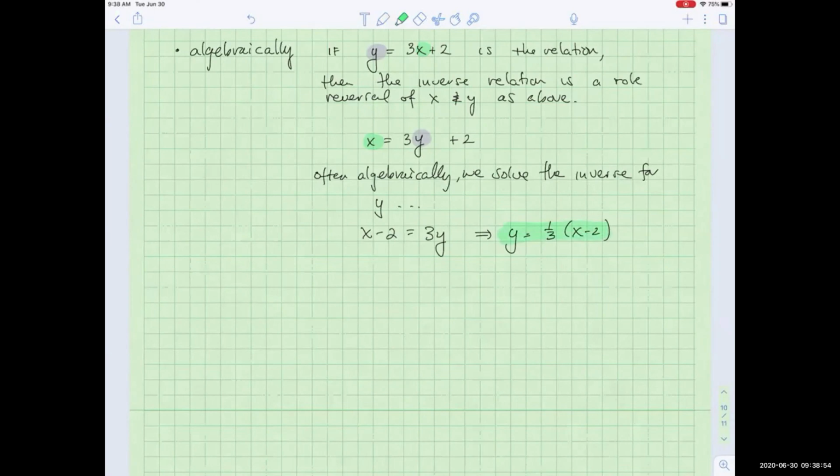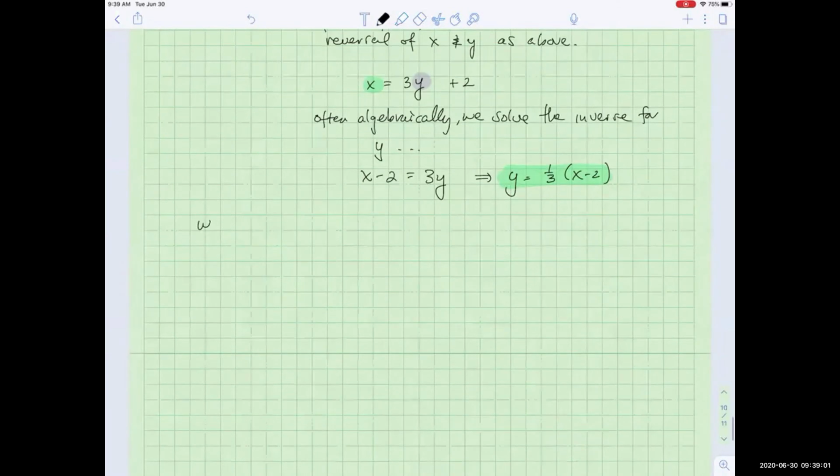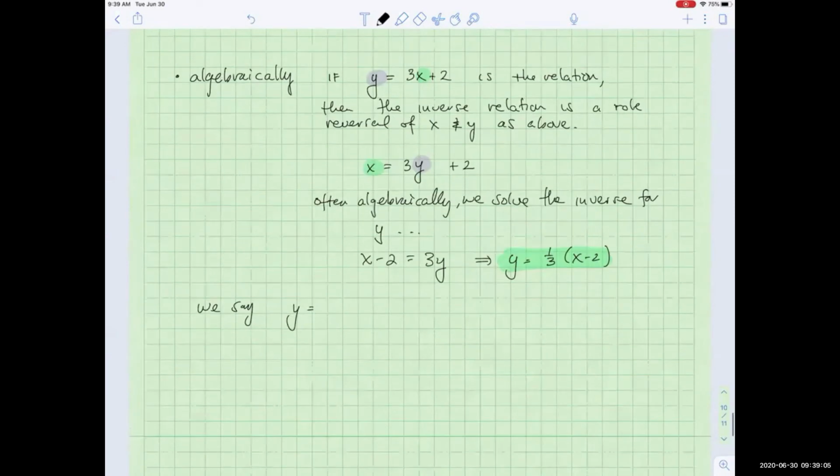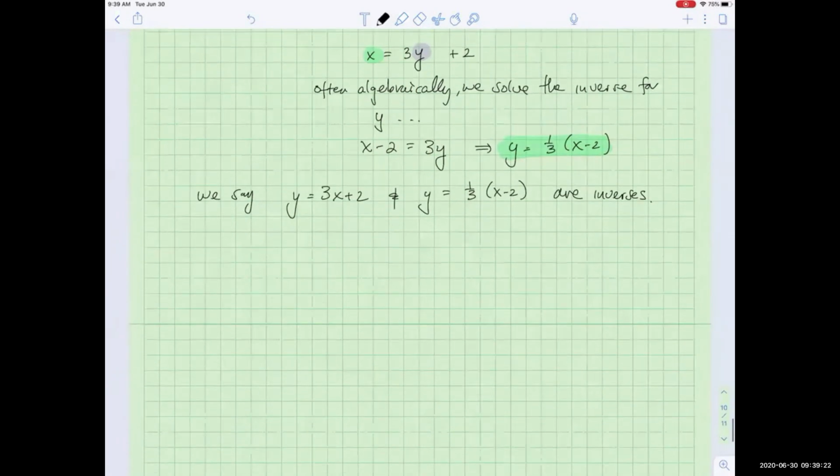We might leave it in this form and say that y equals 3x plus 2 and y equals 1/3 (x minus 2) are inverses. So those are inverse relationships.